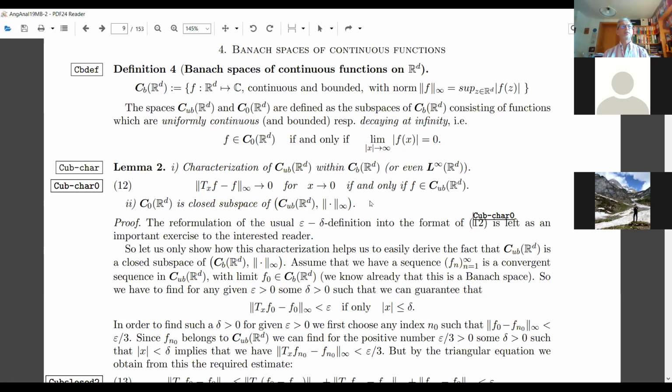Just, my intuitive understanding of this situation is the following. Assume you have a function on the unit square, so on 0 to 1 squared, so you're really on the unit square. And you have a function which is continuous there, but not uniformly continuous.